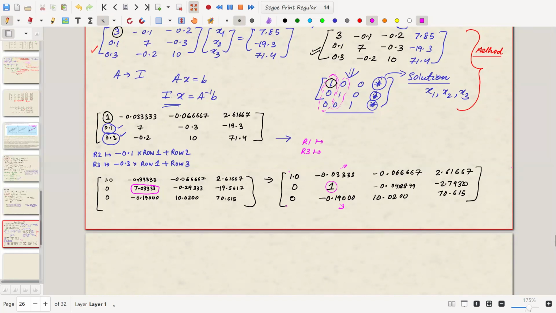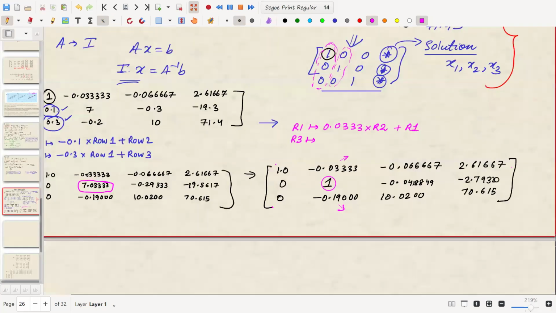In what way? R1 should change such that, so you can do say 0.0333 into R2 plus R1. Fine.